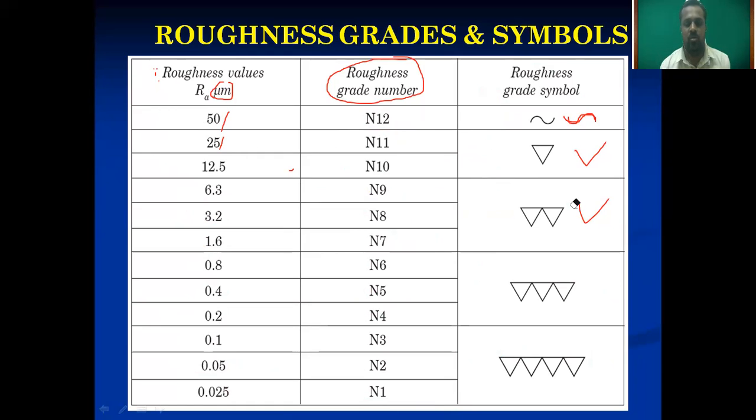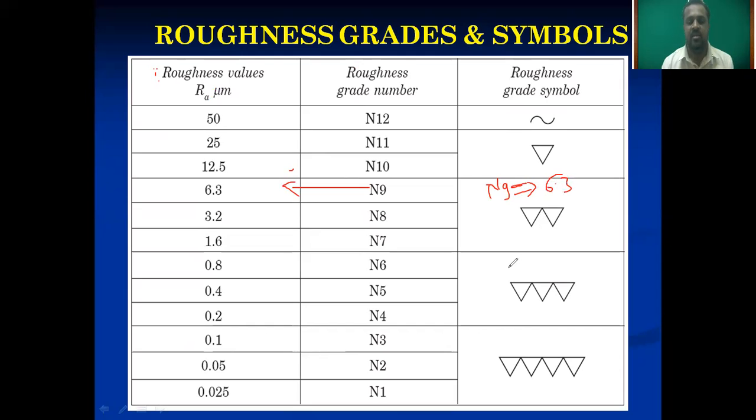Now see how they will ask the question in the examination. Suppose they give N9 and ask what is the surface roughness value for that N9. The surface roughness value for N9 is 6.3.